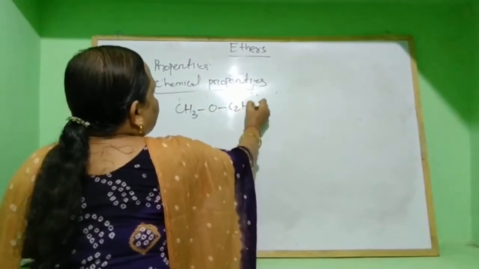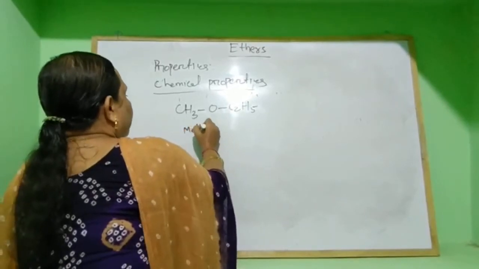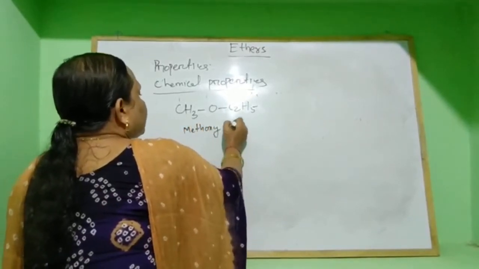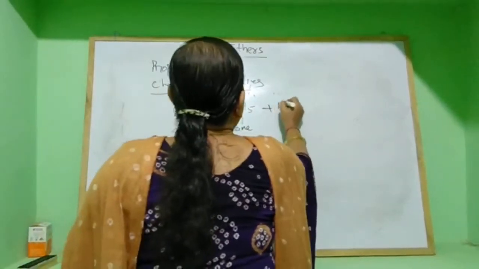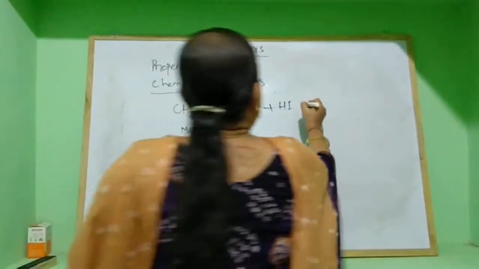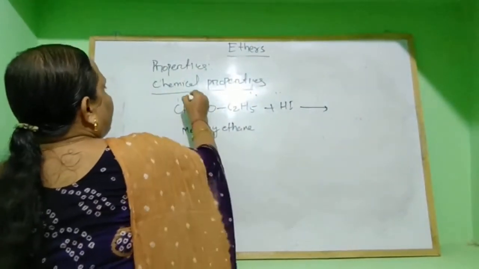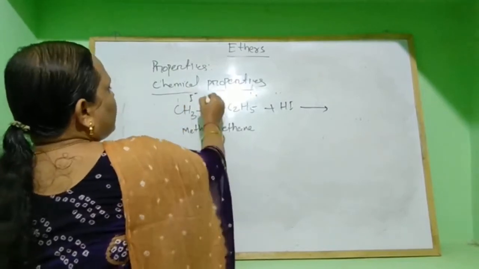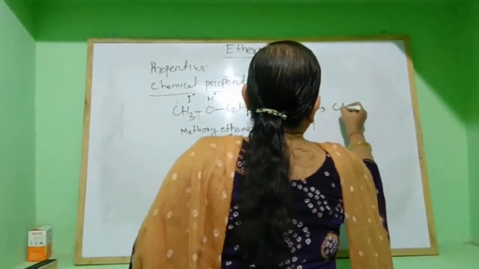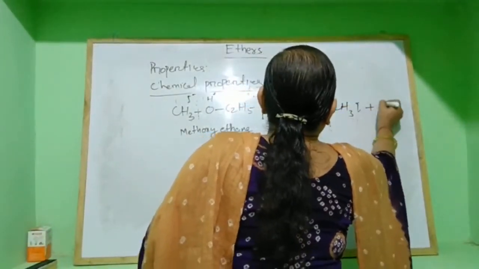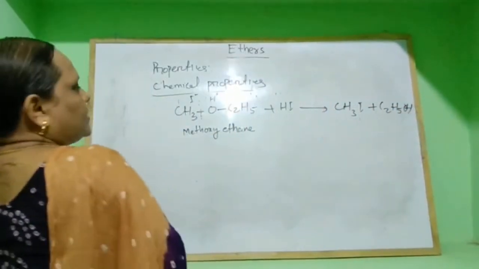CH3OC2H5, ethyl methyl ether, or we can say methoxyethane. When it reacts with HI, the bond breaking takes place and I minus comes here and H plus comes here. In this way it forms CH3I plus C2H5OH.